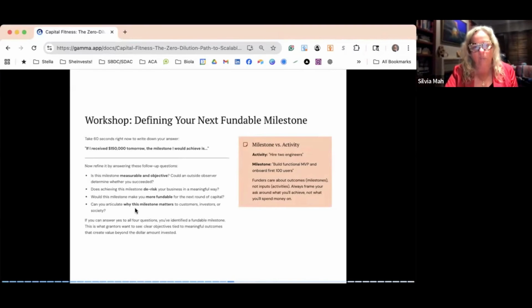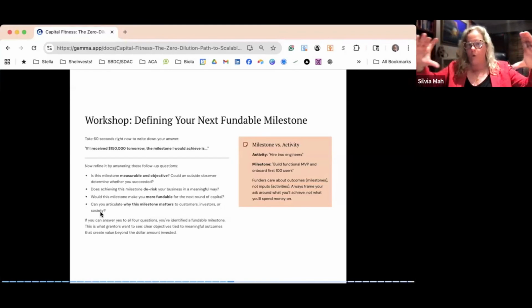And can you articulate why this milestone matters to customers, investors, or society? For that grant, it's really important for them to know what that impact is. Remember that value chain: we're going to have some inputs coming in, we're going to do some things, we're going to have some outputs, and then the impact.